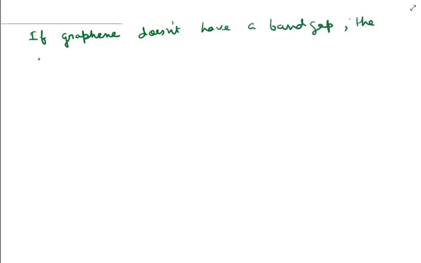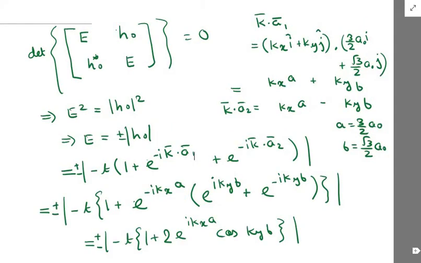If graphene doesn't have a band gap, then this H0, let me just go back, yes, this H0 must be equal to 0 for some value, and mod of H0 equal to 0 means that the entire thing H0 must also be 0. So this term should also be 0 inside this mod sign.